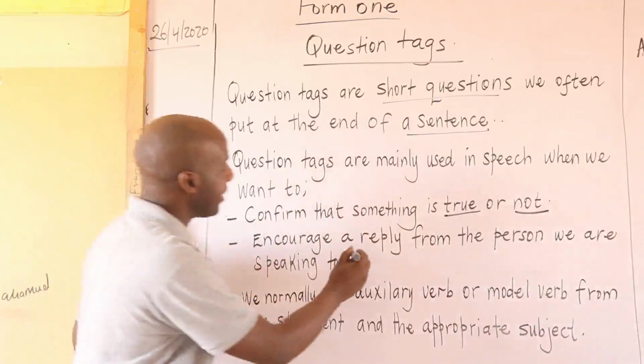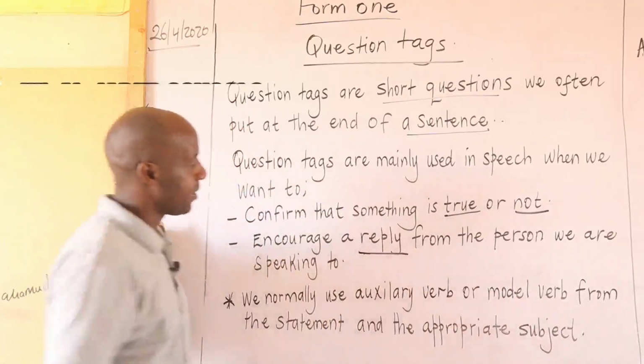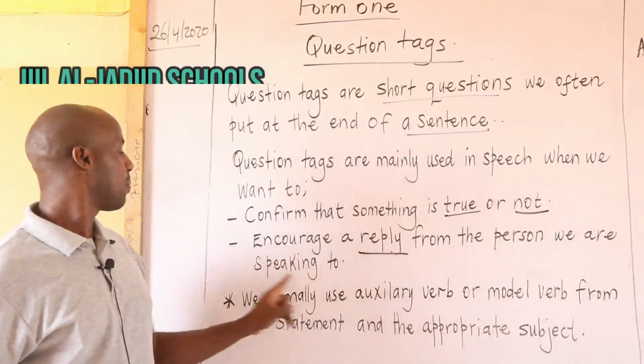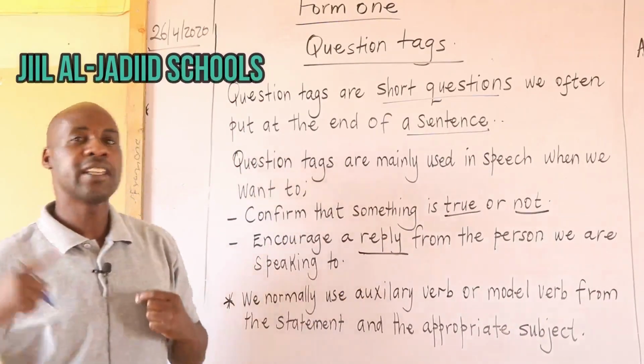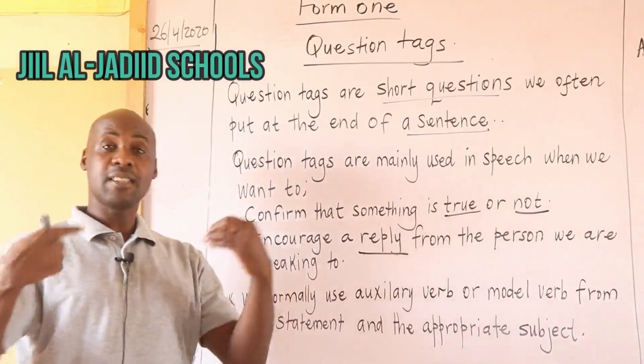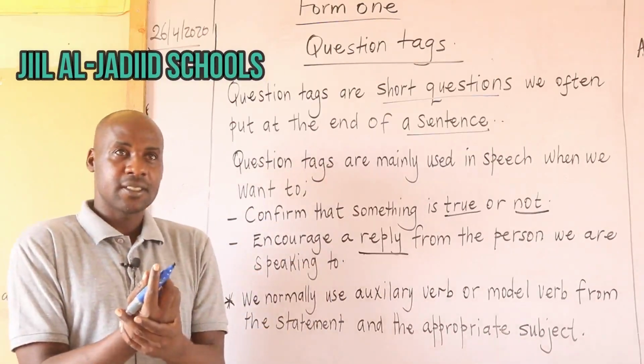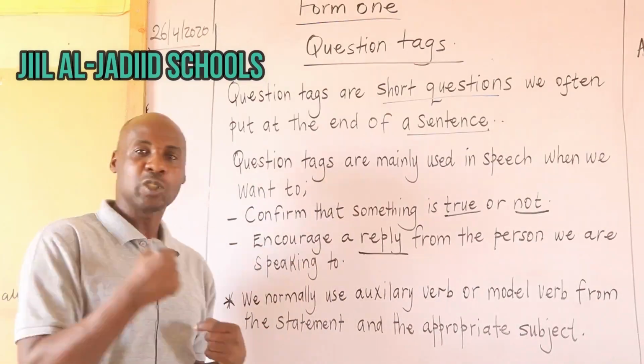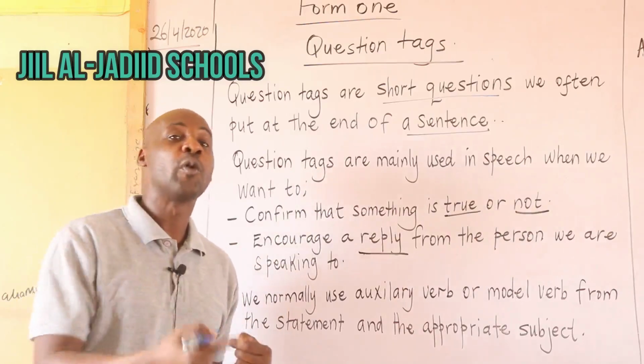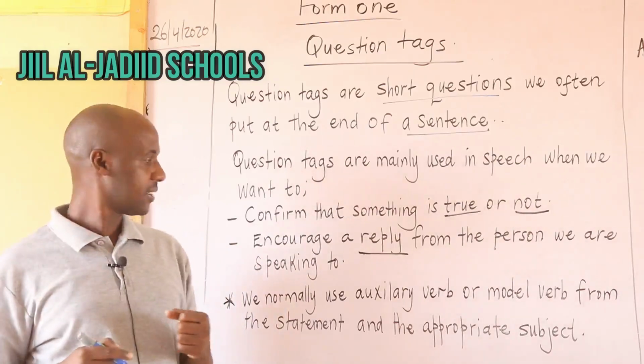Also to encourage a reply from the person you are speaking to. You say something and maybe that person keeps quiet. So you use a question tag to provoke him to reply to what you are saying.